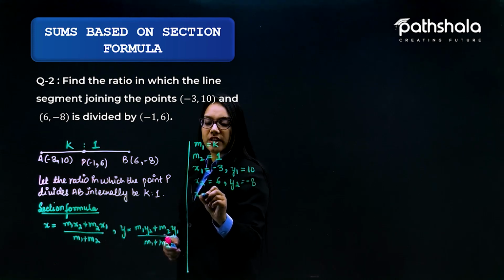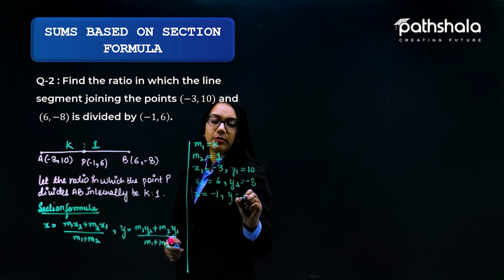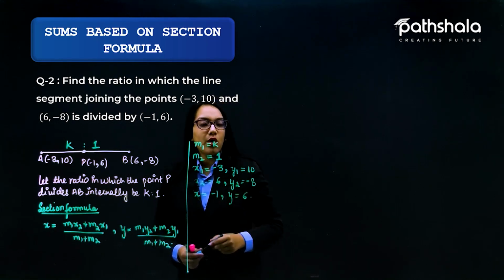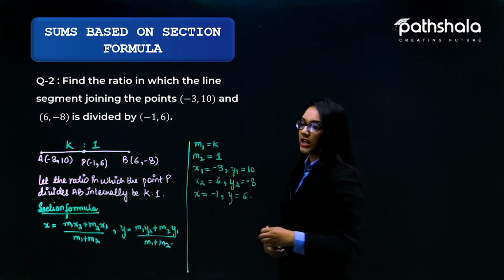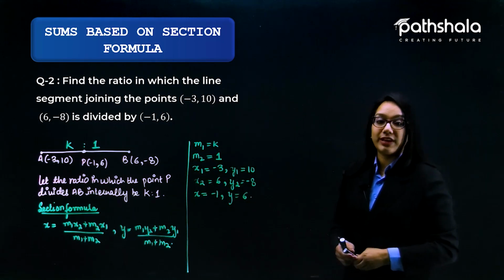Further, we have the values of x and y as well: x is -1 and y is 6. So let's plug all these values into the section formula to find the value of k.